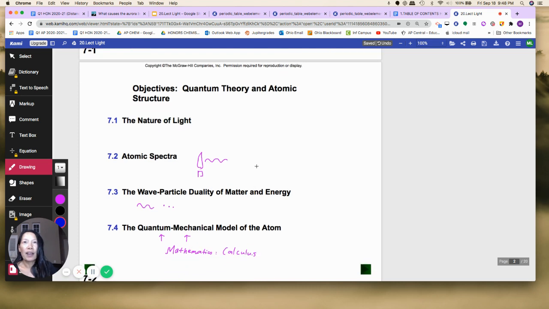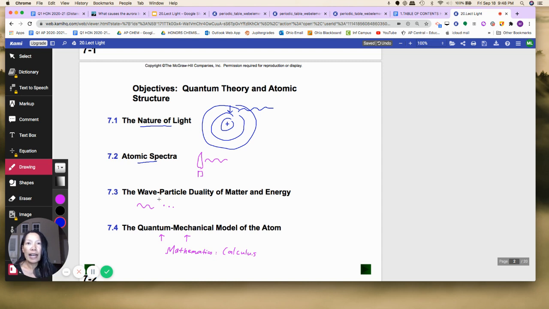So, we will be looking at the nature of light and how it is due to the electrons falling and giving off radiation. We will be looking at atomic spectra. Each atom gives off a certain color of light because each atom has different arrangements of electrons.